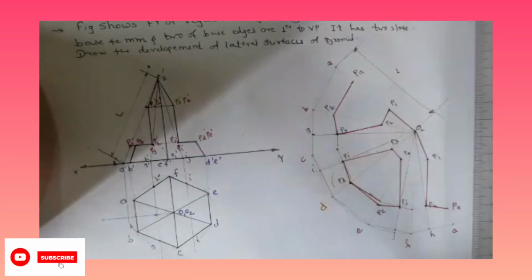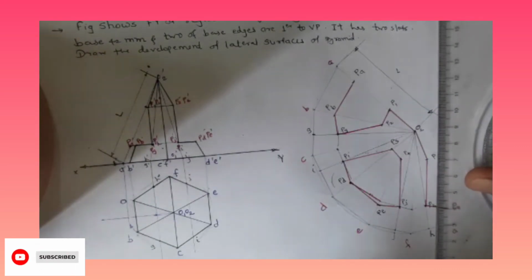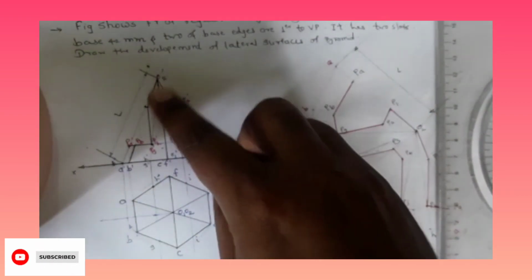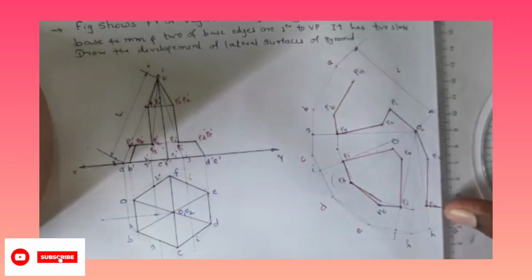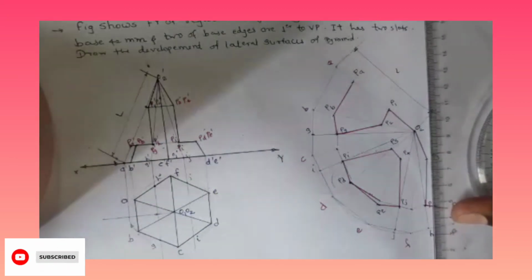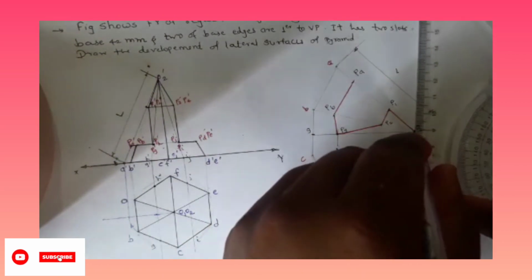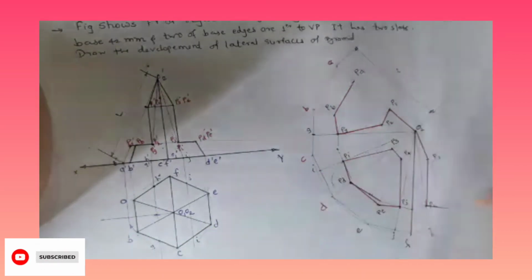Then O2, here you will see O2F and O2C. So whatever this edge is there, it will be visible. So O2F, so like this.